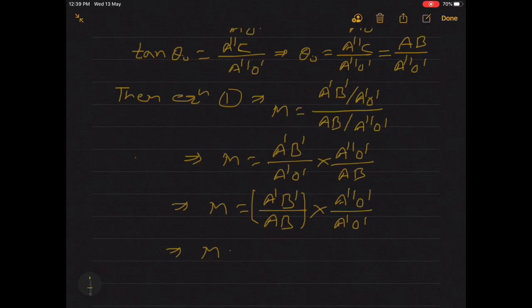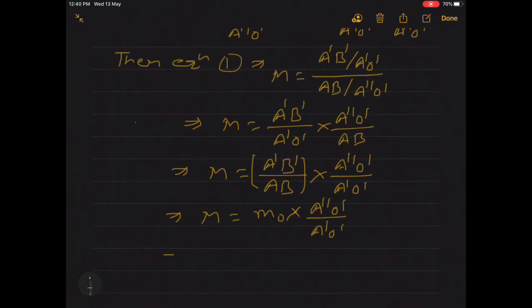So we would have MO, and this is image distance. This is A double dash O dash is what? So let it remain as it is, A double dash O dash upon A dash O dash. Now MO is equal to VO upon UO, and A double dash O dash is equal to minus D, and A dash O dash is equal to minus FE.